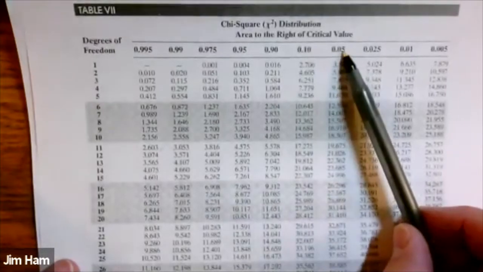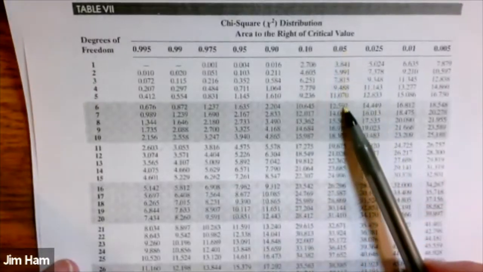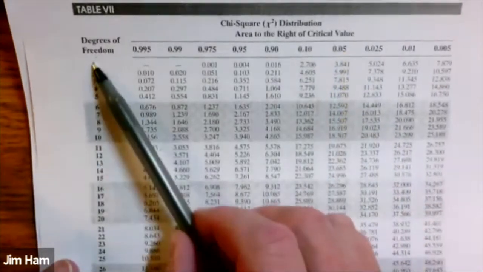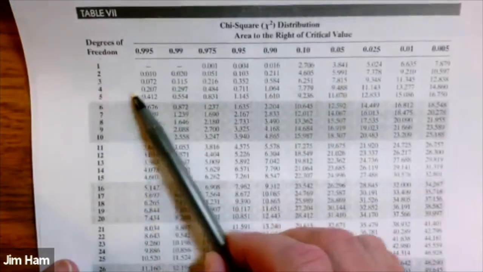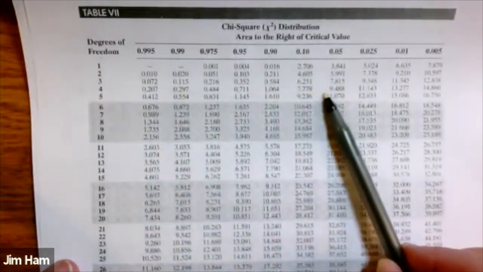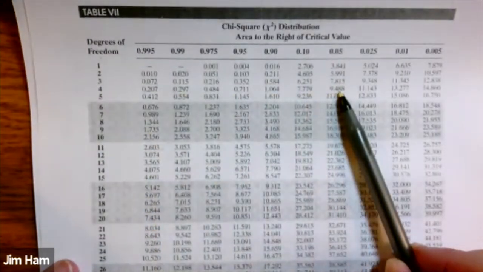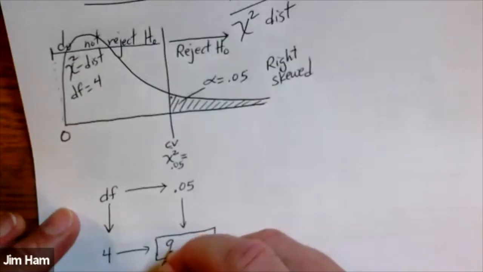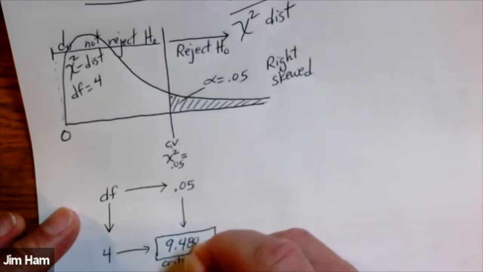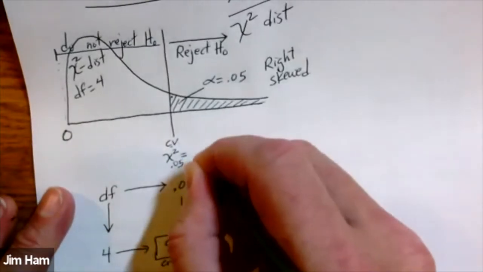So here's the 0.05. So we're going to look in this column. And there's the degrees of freedom equal to 4. So see where those two match up. And you get this number right here. I don't know that you can see it very well, but it's 9.488. So 9.488, that number goes right there.